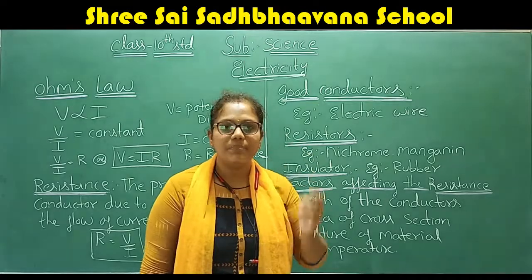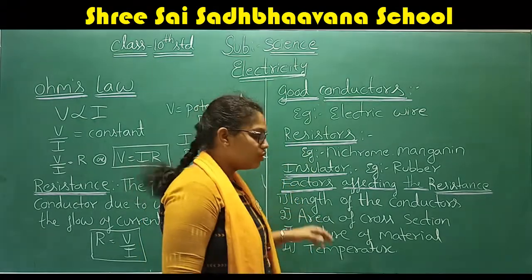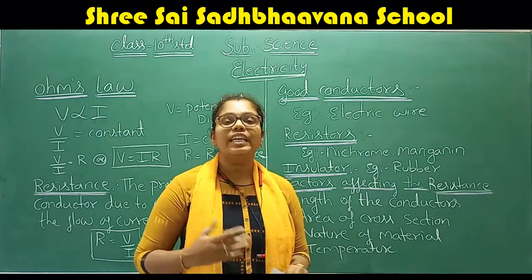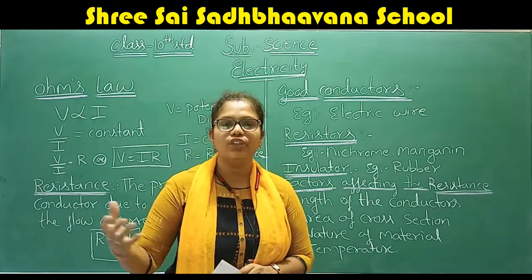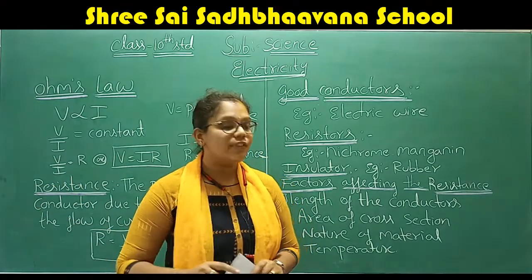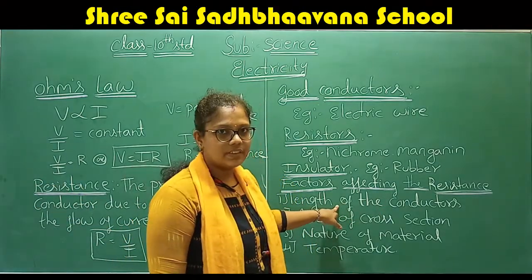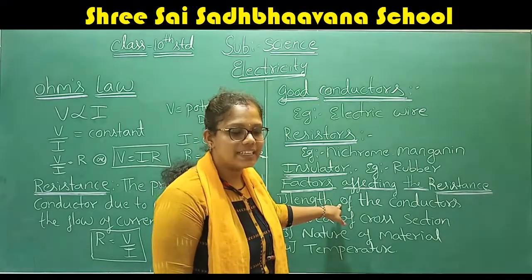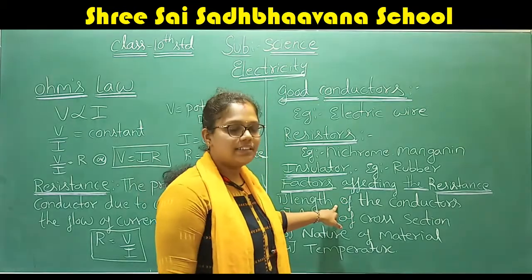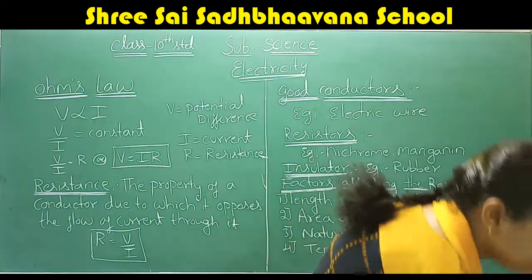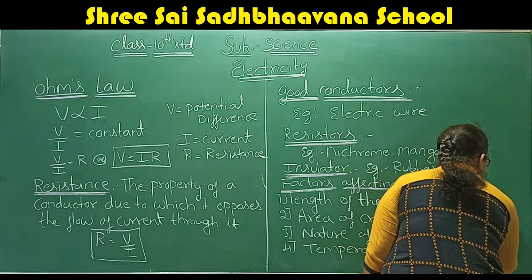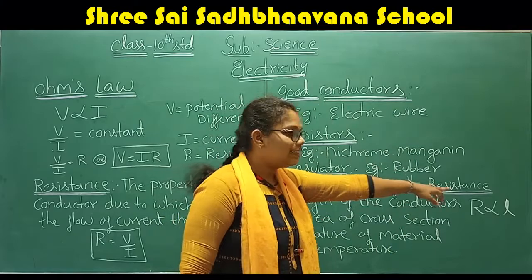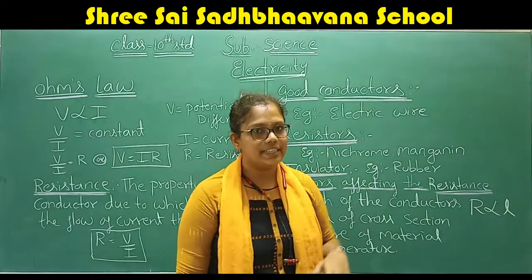Now we will discuss one by one. First, the length of the conductor. If you increase the length of the wire, the resistance increases. Therefore, R is directly proportional to L. That is, if the length increases, resistance also increases.